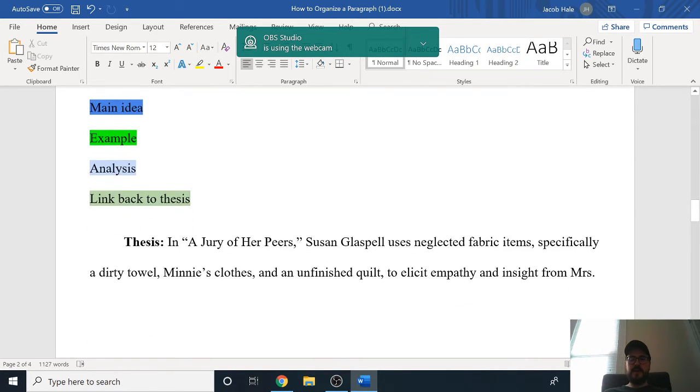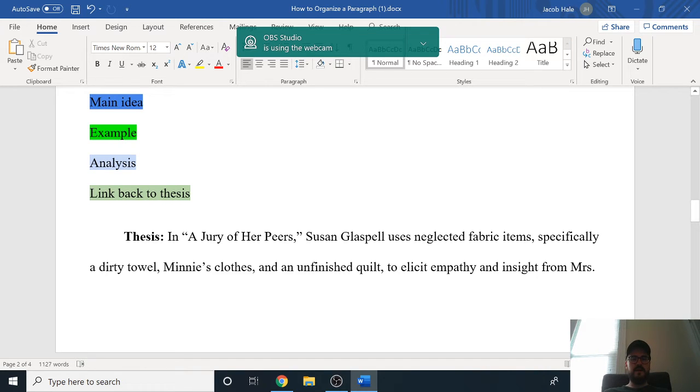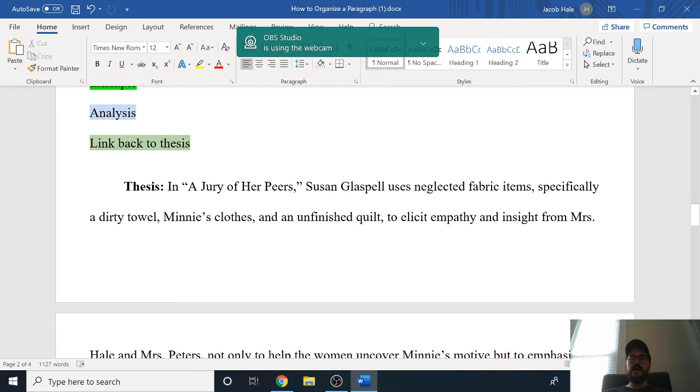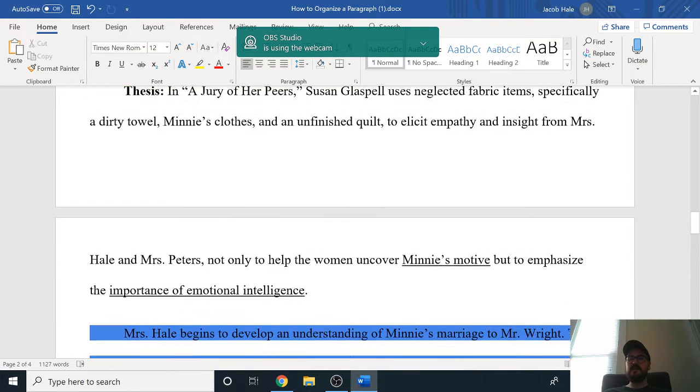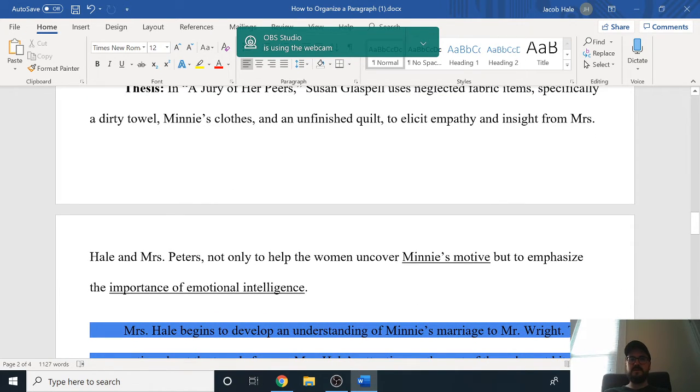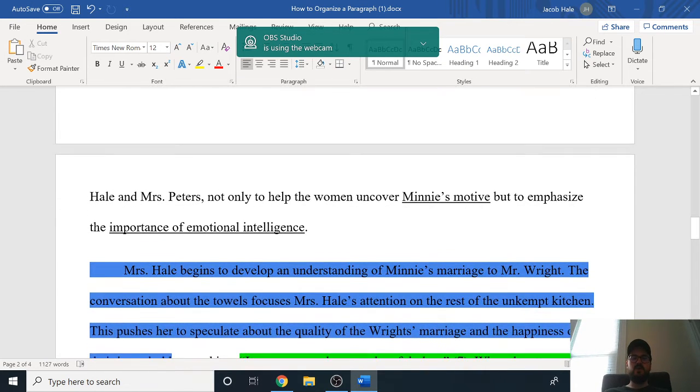Let's go through an example. So here, I've provided the thesis because you need to know what the thesis is in order to follow how the pattern works. The thesis for this paper was, in "A Jury of Her Peers," Susan Glaspell uses neglected fabric items, specifically a dirty towel, some clothes, and an unfinished quilt to elicit empathy and insight from Mrs. Hale and Mrs. Peters, not only to help the women uncover Minnie's motive, but to emphasize the importance of emotional intelligence.